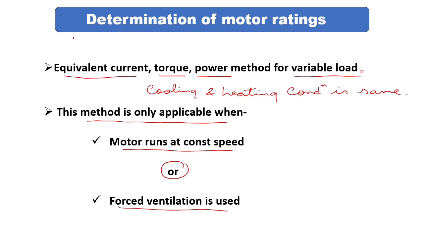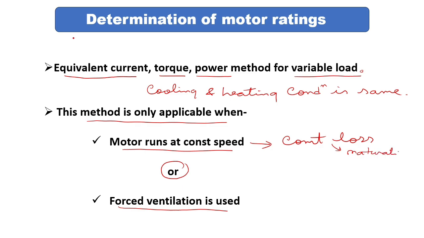When the motor runs at constant speed, the constant losses will remain the same in the motor. Therefore, the cooling condition will also be the same, even if we apply natural cooling, natural ventilation.